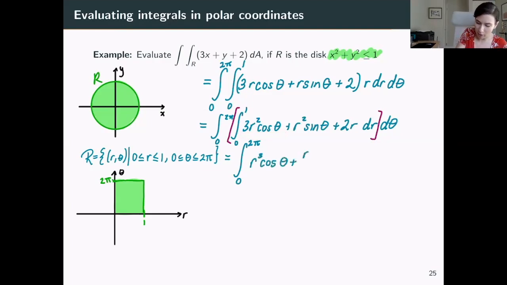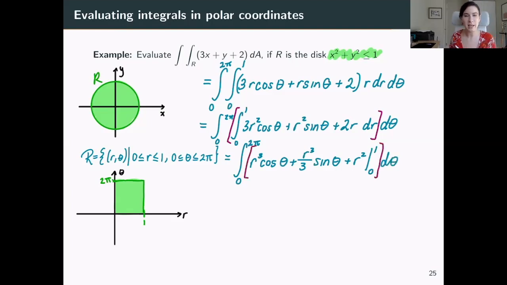We'll end up with an r cubed over 3 times sine theta, since it's a constant. And lastly, the antiderivative of 2r will be 2r squared divided by 2, or just an r squared, for which I'm evaluating this from 0 to 1, and I've got my d theta there on the outside.